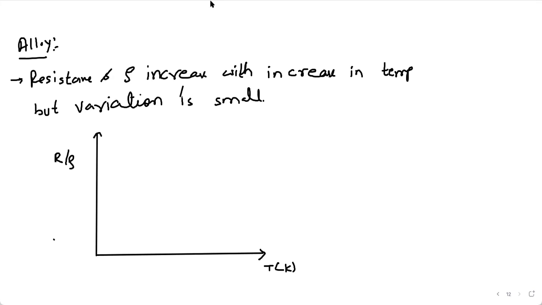So if I draw this graph for alloy, the slope is very small. There is variation, but that variation is very small. This is for alloy, resistance and resistivity.